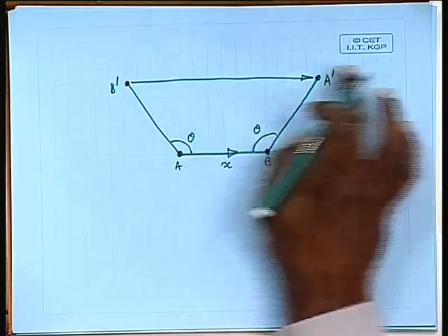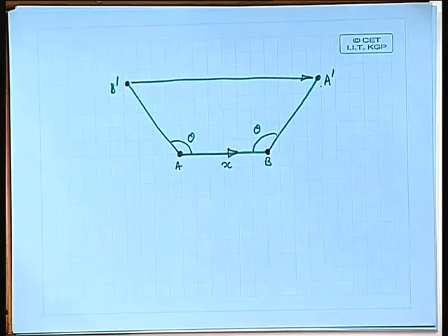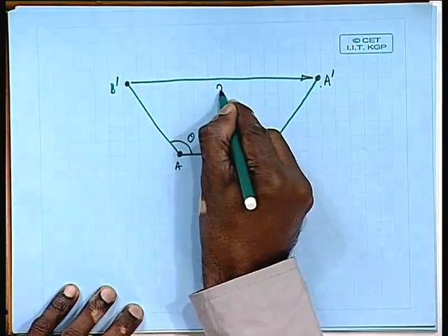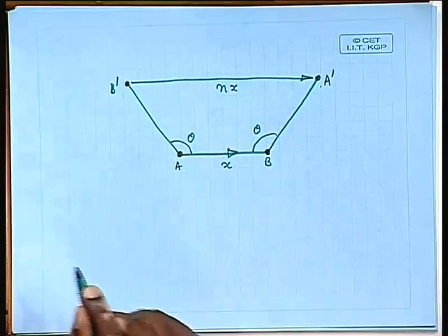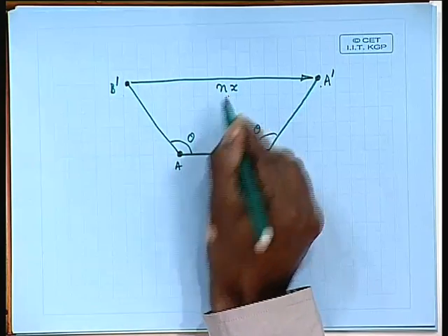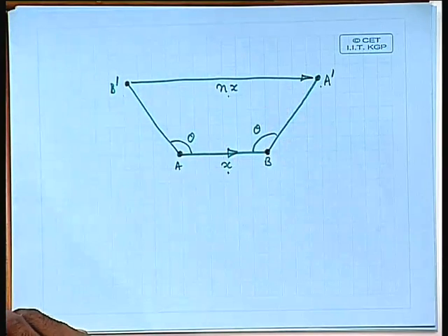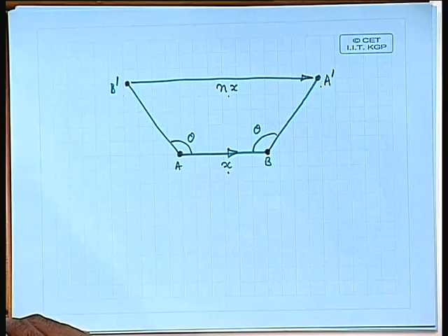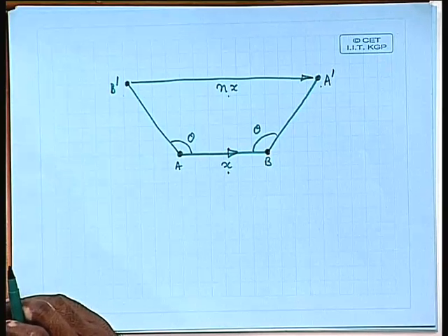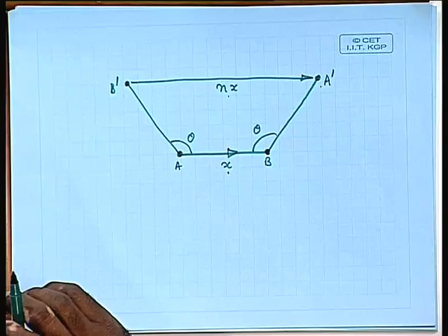Because these two directions are parallel, the distance between these two atomic positions, in principle, if it is a crystal, should be integral multiples of x. If this is x, this should be n into x, where n can be either 0 or 1 or 2 or 3 if it is crystalline. Why? Because a crystal is that which has a three-dimensional periodic arrangement of atoms. That is how we define.